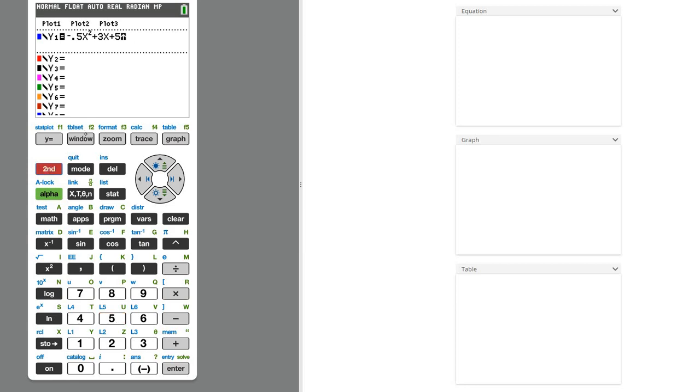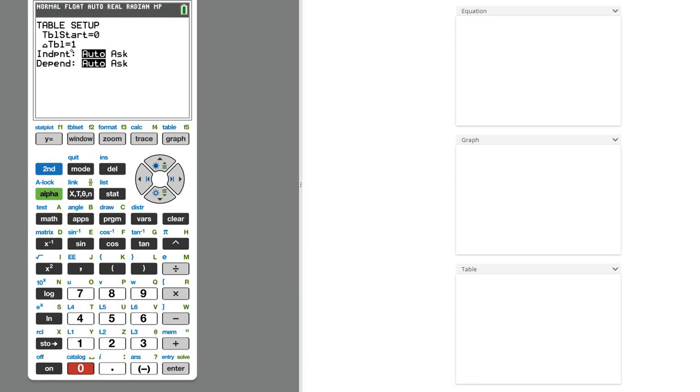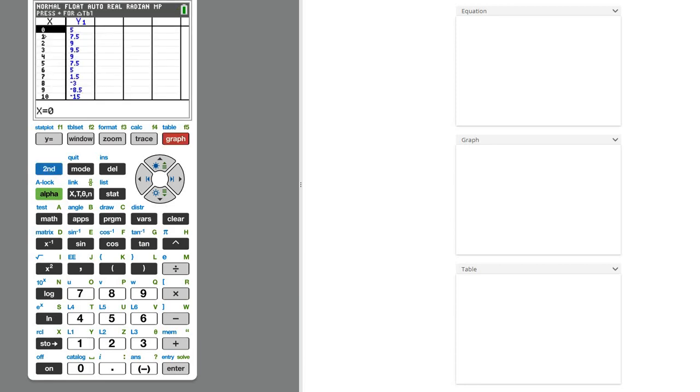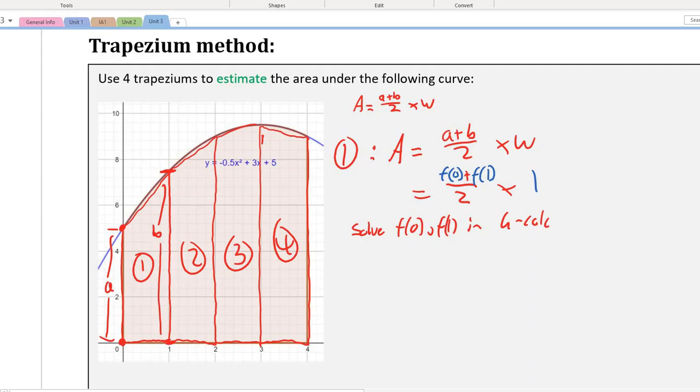So if I set up my table, I want it to start at 0 and go up in ones. So if I then go to my table, f of 0 is 5, f of 1 is 7.5. So I can put that into my rule. So it was 5 and 7.5.